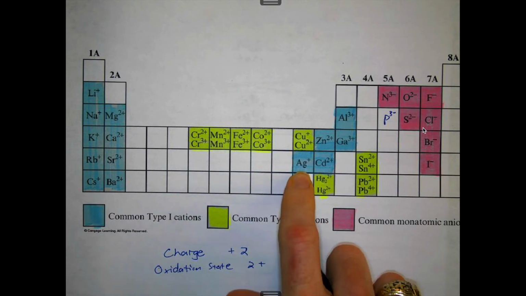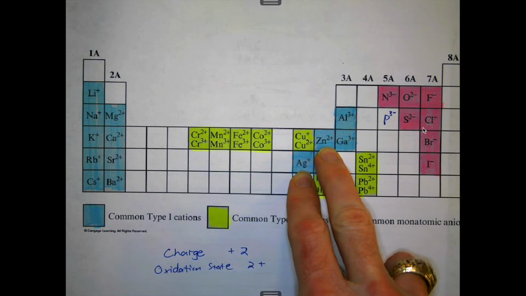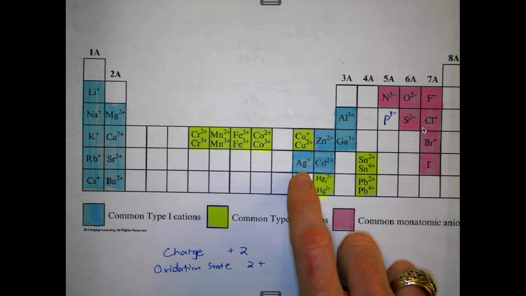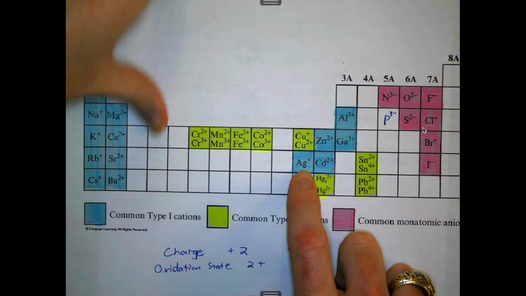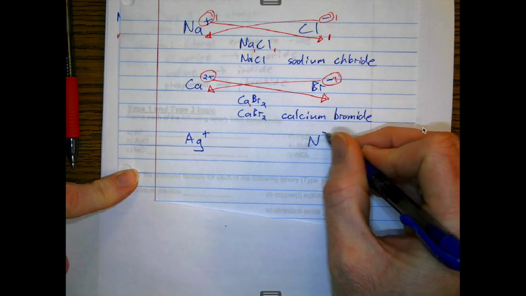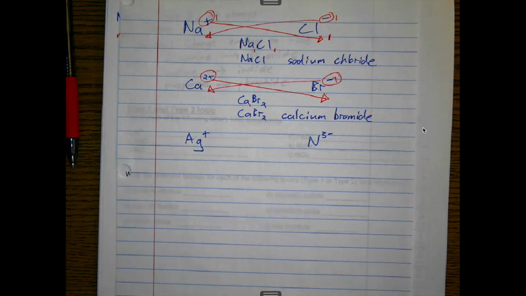There are a couple of cations that will show up on the test that are actually transition metals that we will call type 1 because they still only have one oxidation state. So zinc has a 2 plus, and silver has a +1. Hopefully you guys are following that.